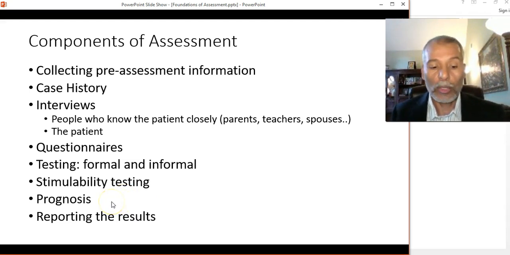Like with a child who has a very supportive family, the teachers are on everything, and the child is motivated, responds really well, and the stimulability is excellent, and all of this. And you say, if these conditions continue as they are, then prognosis is good, is really good.